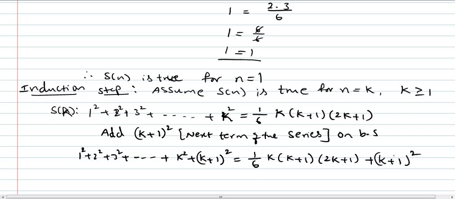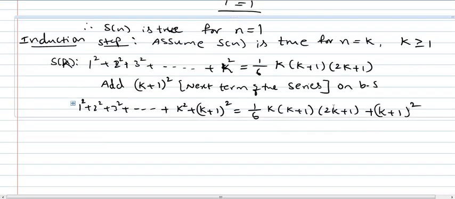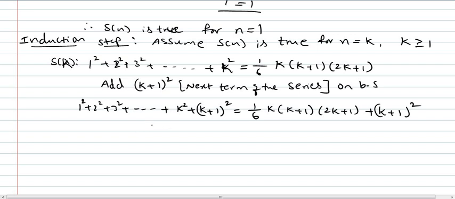So you have to add k plus 1 whole square on both sides, right? Now you have to simplify the RHS part. How do you simplify? You can take k plus 1 common. Then what remains here is k into 2k plus 1 by 6 plus k plus 1.